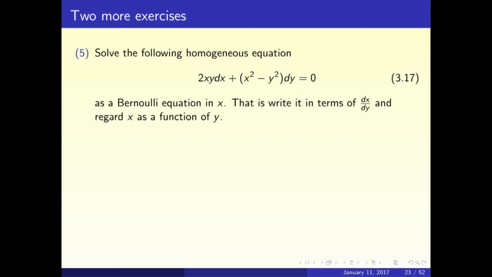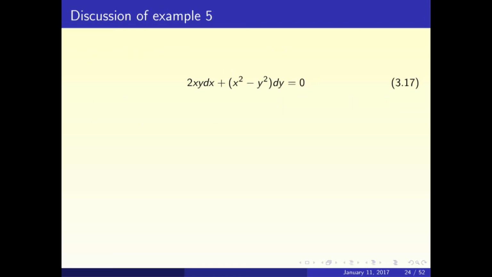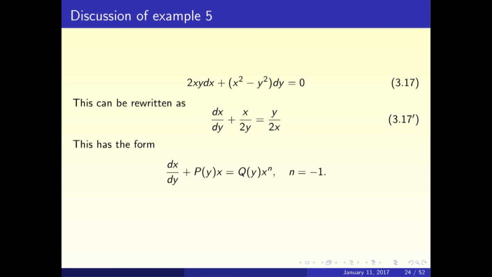Let's see how to do that. So what's the equation? 2xy dx plus (x squared minus y squared) dy equal to 0. So let's write it in the form dx by dy. You write it as dx by dy plus x upon 2y equals y upon 2x. It is the same equation as 3.17, so I called it 3.17 prime. Alright, so you see this differential equation is a Bernoulli equation in x.